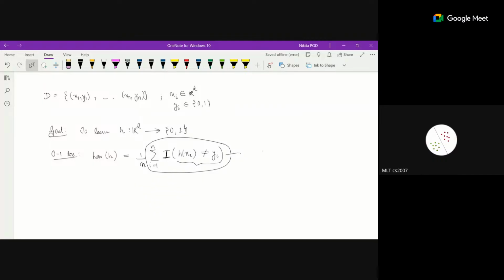So again, we are not going to look at all the functions. We are going to restrict ourselves to the functions which are linear.